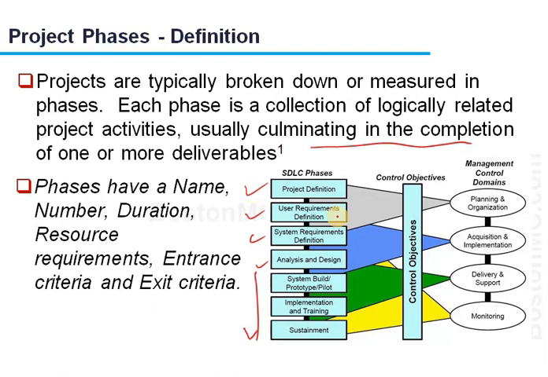So these represent the phases, and every one of these phases is going to have a name, a number, a duration, its own resource requirements, and entrance and exit criteria. In between, when you say I've completed this one phase, typically in the middle of this, they do a stage gate review where they check that all the requirements of that phase have been satisfied.